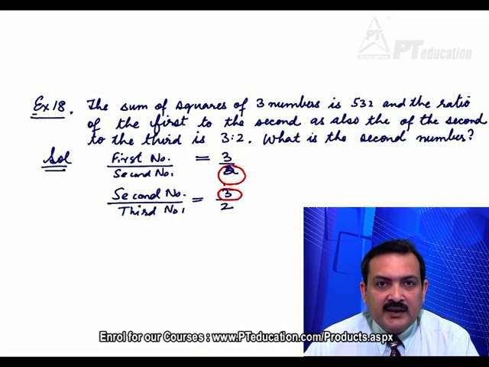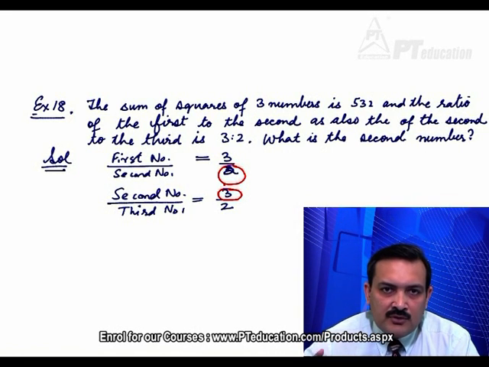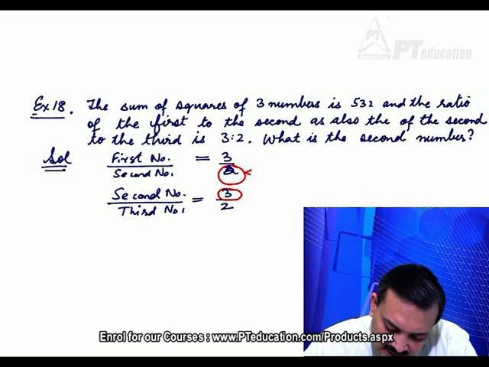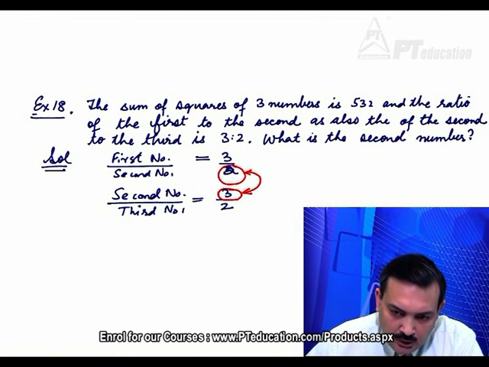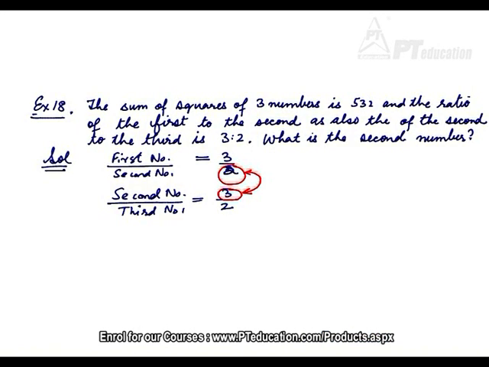So in order to get a continuous ratio of first is to second is to third, we will need to make this 2 and this 3 common. Now we know how we can do that. Convert it to the LCM. Now to convert it to the LCM, we will multiply the first ratio by 3:3.